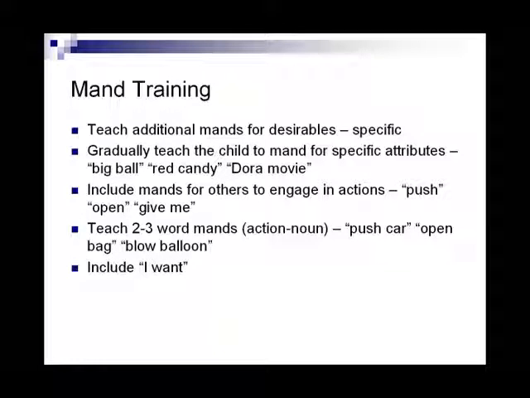And then you can include Mands for others to engage in actions like push, open, give me, teach 2 and 3 word Mands like action, noun Mands, push car, open bag, blow balloon, and then later include I want. And you can eventually just move up the list and begin later teaching asking for questions. So asking what is it questions, where is it, who is it, asking for information from others.